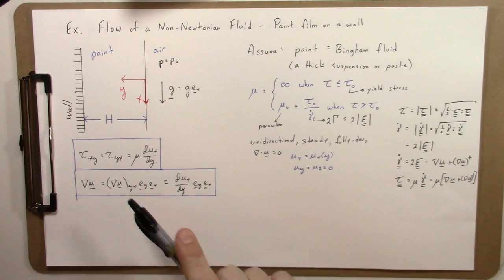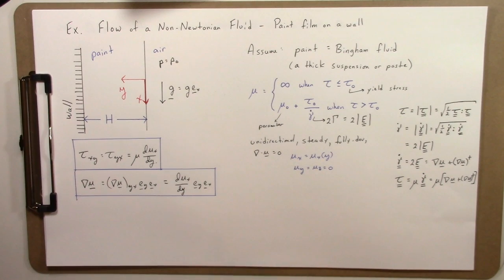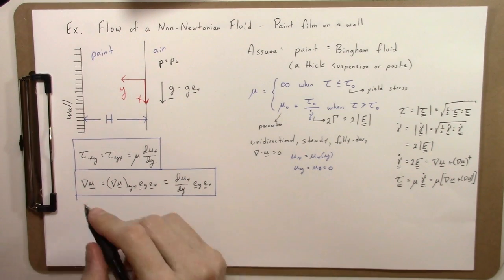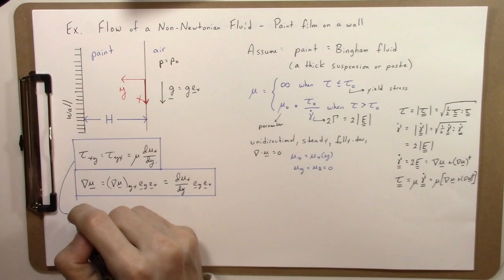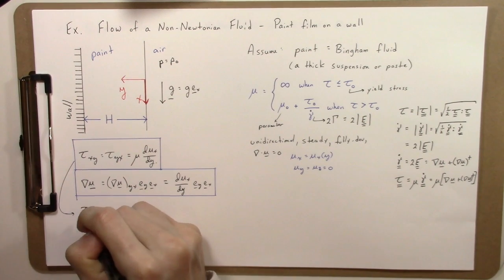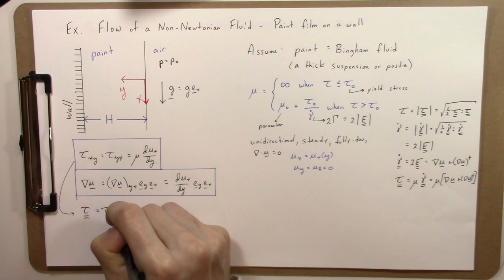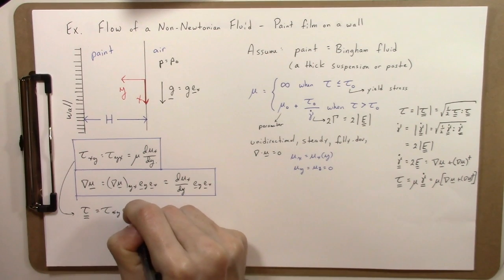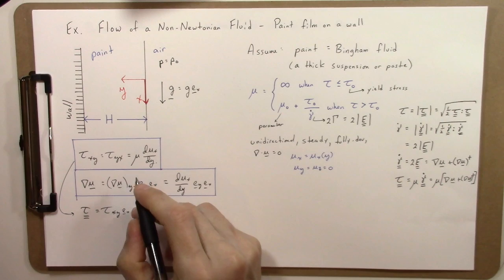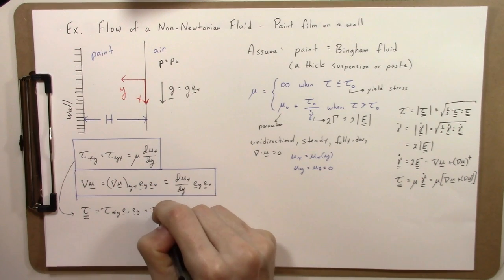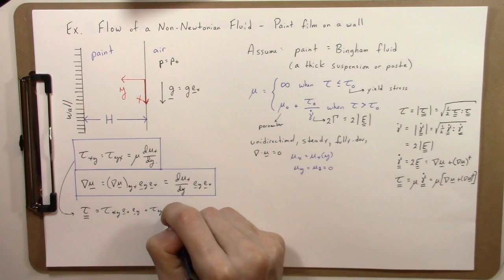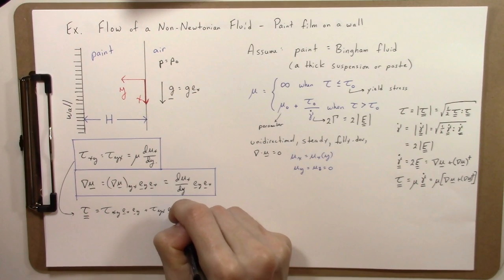And then from tau, going down here, the viscous stress tensor tau is equal to tau xy ex ey plus tau yx ey ex.